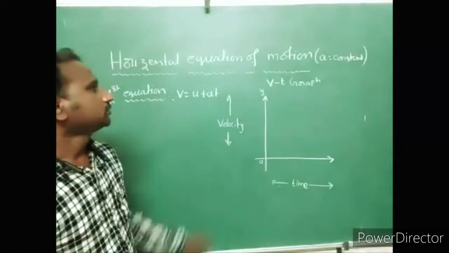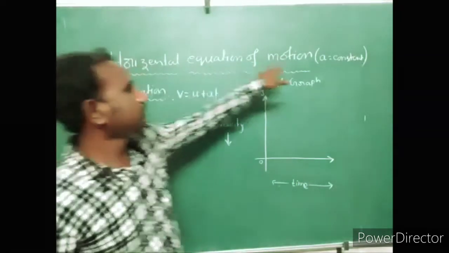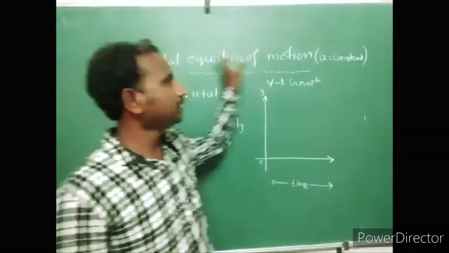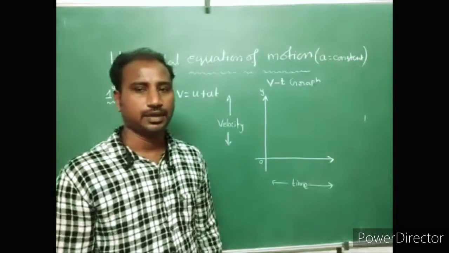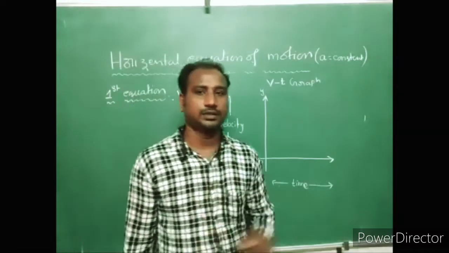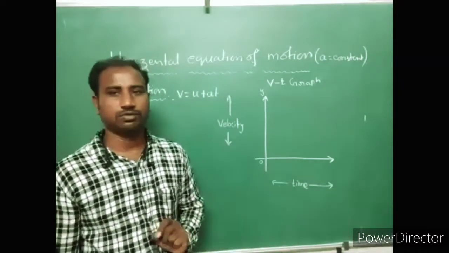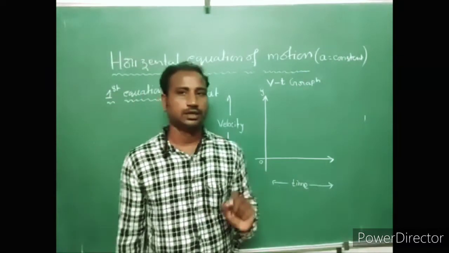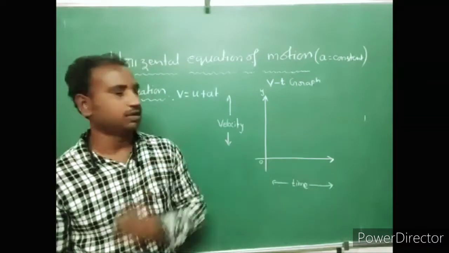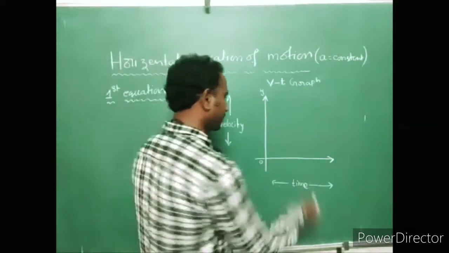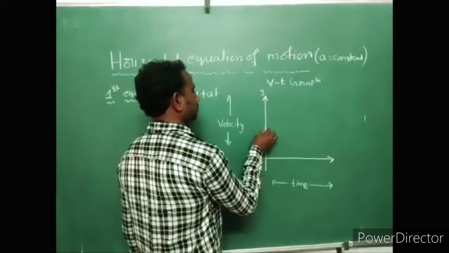Already I gave this important point: horizontal equations of motion with constant acceleration. We require constant acceleration, so we have to identify which graphical representation is required. Here acceleration is constant.